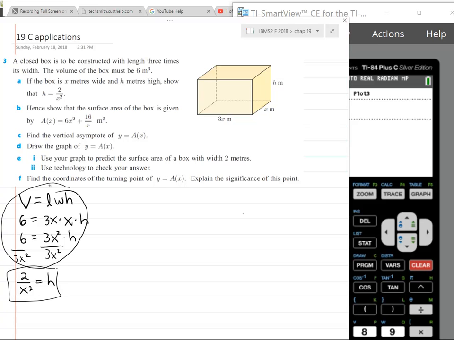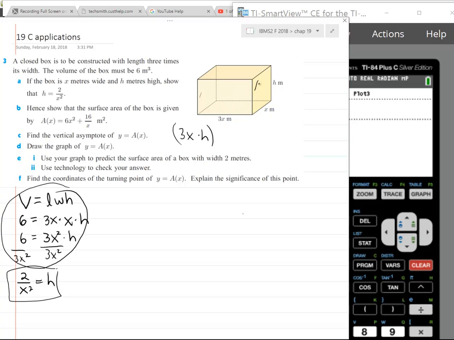So now we need to think about surface area. Surface area is the sum of all of the areas of the surfaces of the box. Or if you think about it in terms of what you would paint, all the surfaces that you would paint. We know that there are 2 of each type. There's the front, which is 3x by h.